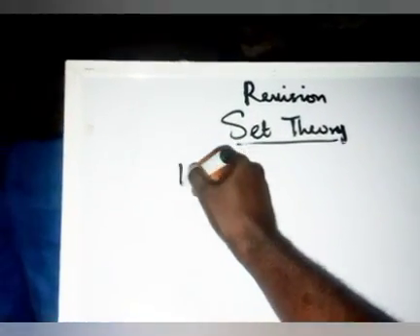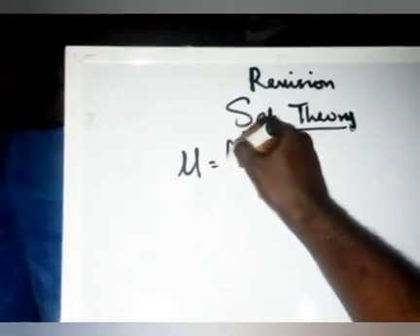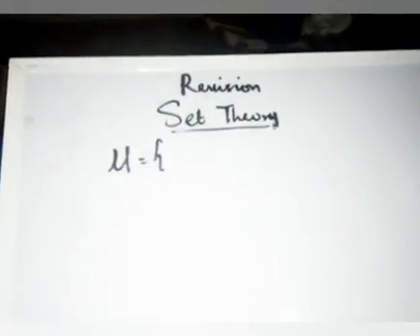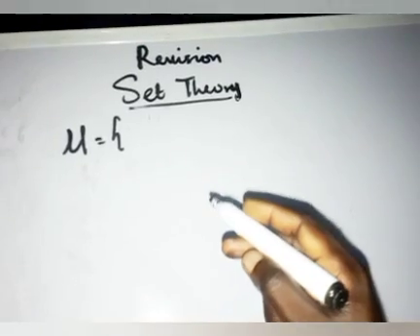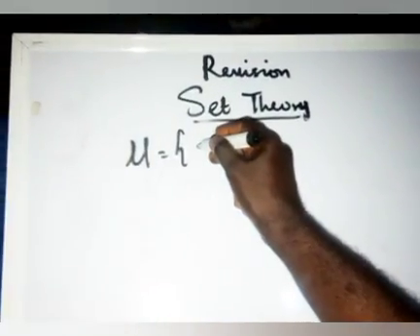To solve this question, the first thing you need to do is to list all the elements in the sets. Starting from the universal set, a set that contains all the elements, numbers greater than or equal to 1 but less than or equal to 20.